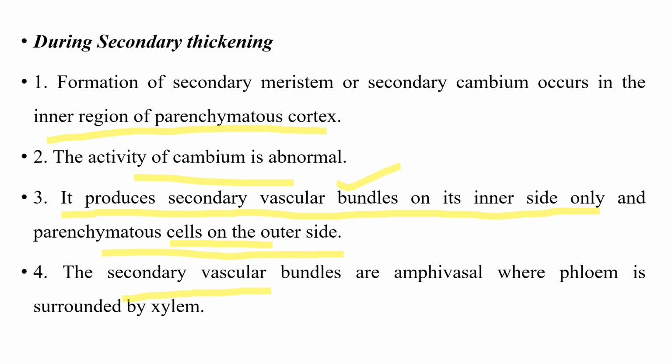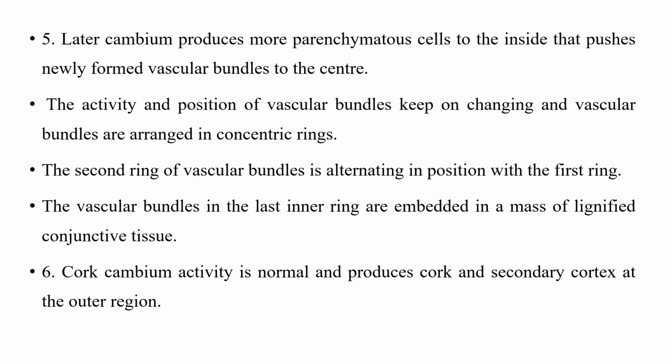The secondary vascular bundles are amphivasal, where phloem is surrounded by the xylem. Amphivasal means the phloem is present in the center surrounded by the xylem. Later, cambium produces more parenchymatous cells to the inside that push the newly formed vascular tissue to the center.